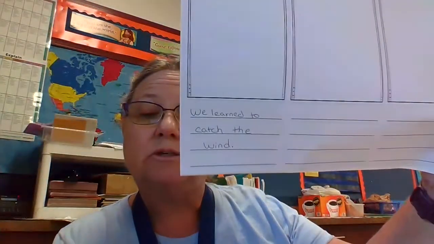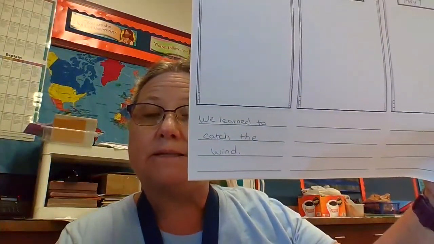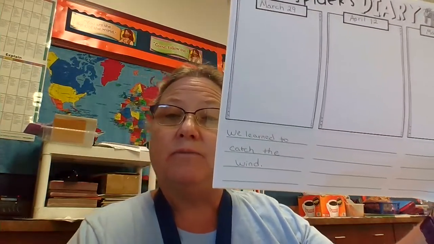So, we learned to catch the wind. That's what the spider wrote down for his diary today. Now, you can go back and draw the picture of him catching the wind that's on the page. Okay, you may pause so you can get that written down.